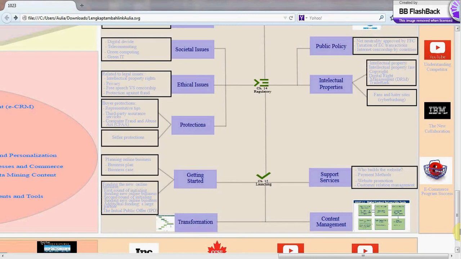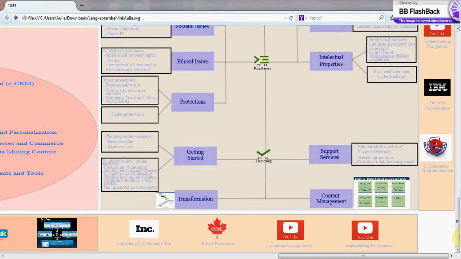And now I will talk about Chapter 15, how to launch e-commerce. Chapter 15 has 4 sub-chapters: getting started, transformation, support services, and content management. And how to start e-commerce.